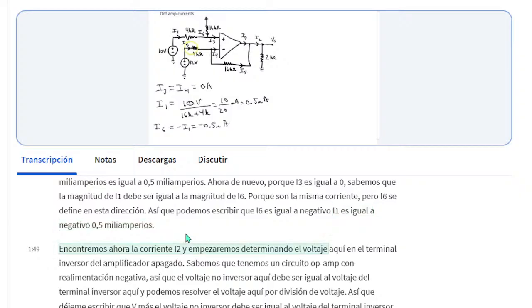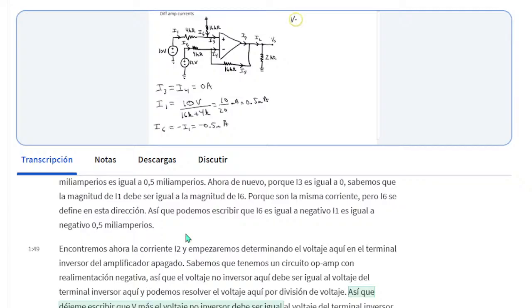Let's now find the current I2, and we'll begin by determining the voltage here at the inverting terminal of the op-amp. We know we have an op-amp circuit with negative feedback, so the non-inverting voltage here must equal the inverting terminal voltage here. And we can solve for the voltage here by voltage division.